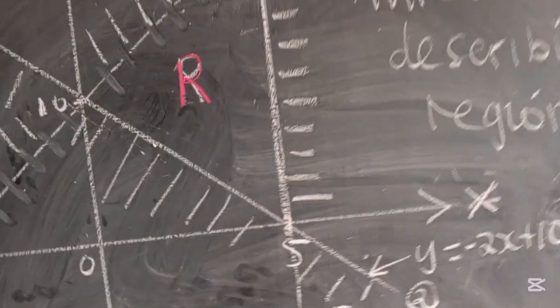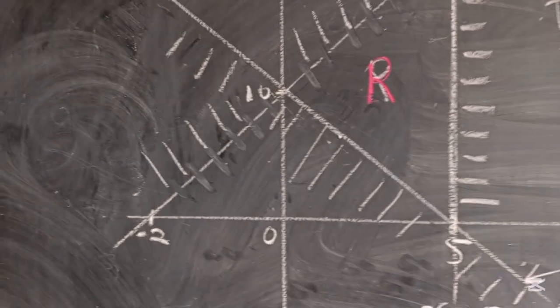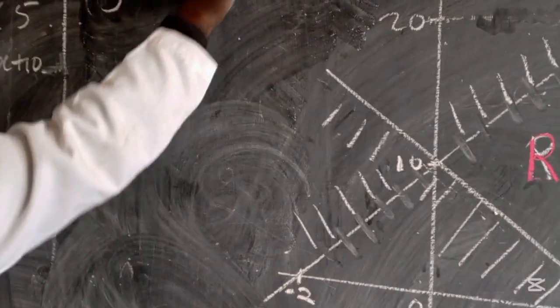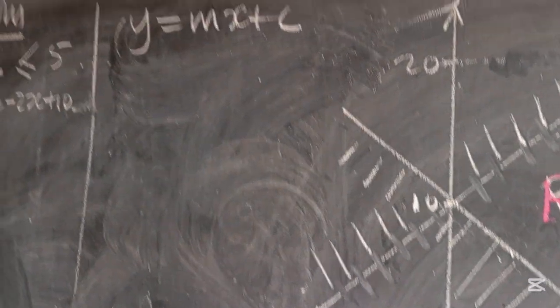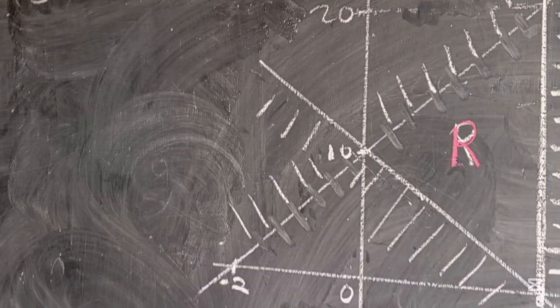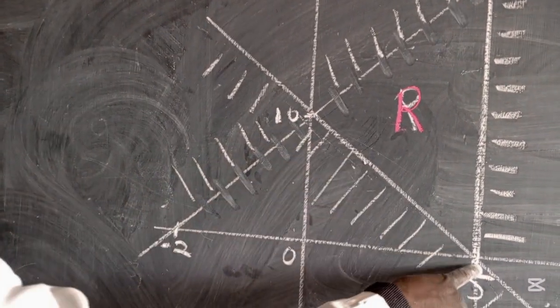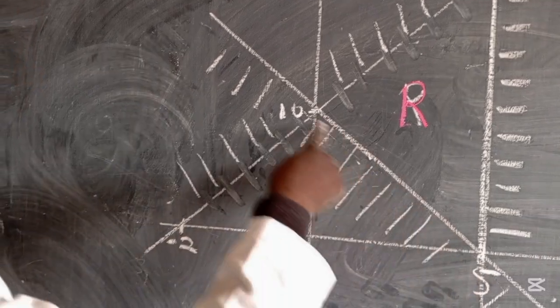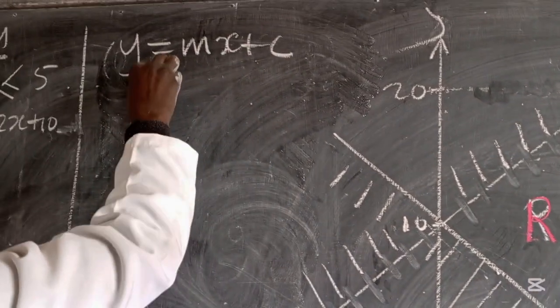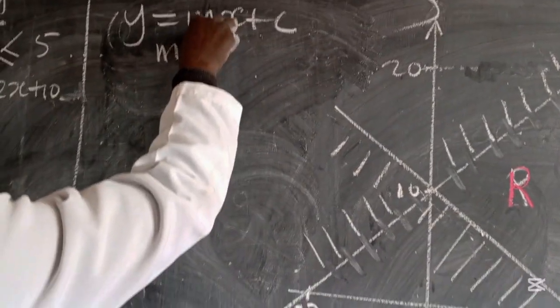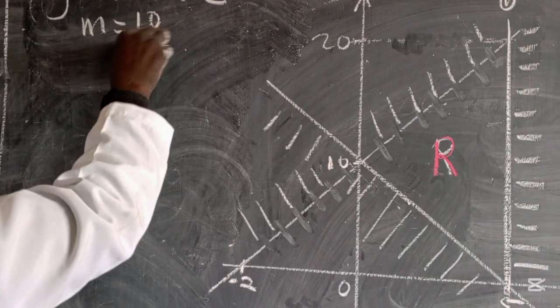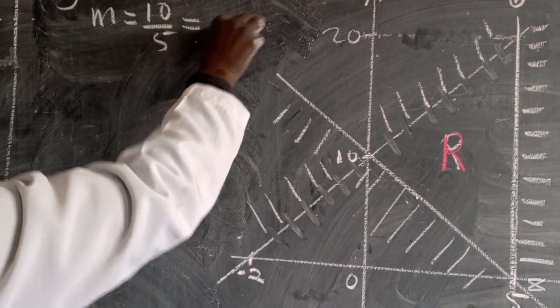Since it is a linear equation, the general formula is like this. So you just have to divide. The y, it is 10. It cuts at 5. So 5 into 10, you just say, okay, my m is simple. It is 10 divided by 5, which is equal to 2.